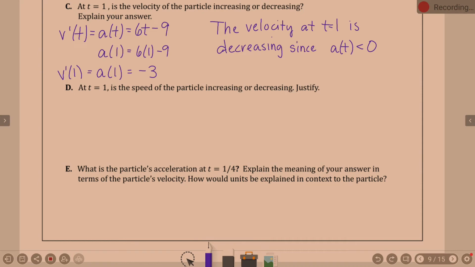In my notes I actually have a of 1 is less than 0. But I did define t to be 1 here, didn't I? So either way it would work. Okay. D. At t equals 1 is the speed of the particle increasing or decreasing?